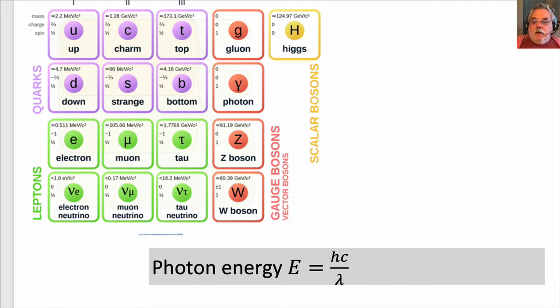When an electron bound in an atom drops from a higher energy level to a lower energy level, the atom emits a photon with energy equal to the difference in energy levels. When an electron gets excited from a lower energy level to a higher energy level, the atom has absorbed a photon with energy equal to the difference in energy levels.